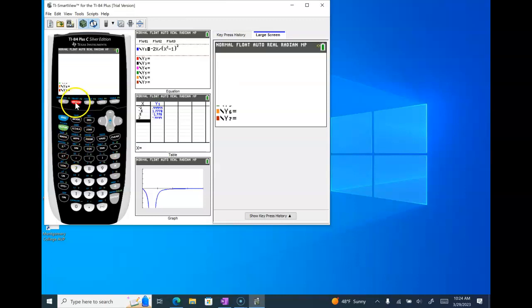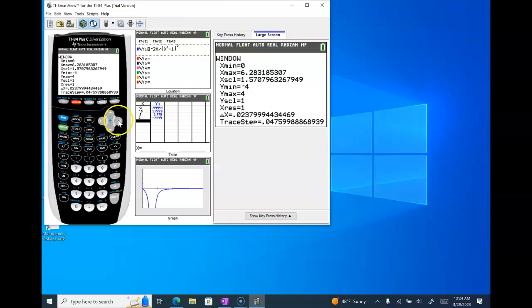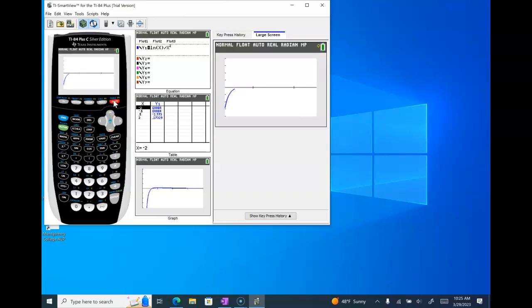I can change my window to do a nice little trick on it. I can make my x min 0.5. I can make my x max 4, right? So it's a nice way to just cheat that restricted domain. Really hard to tell that it comes back to concave up there.